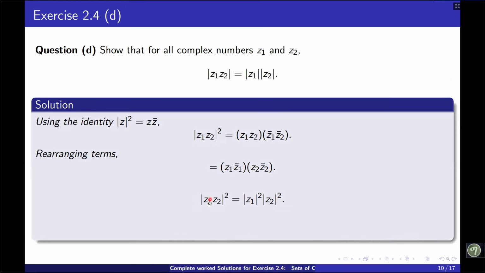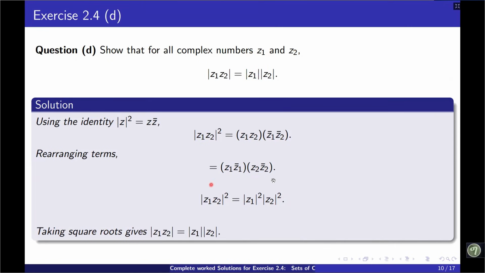And then we have the norm of z1 squared times the norm of z2 squared, because z1 times z1 bar is the norm of z1 squared, and z2 times z2 bar is the square of the norm of z2.